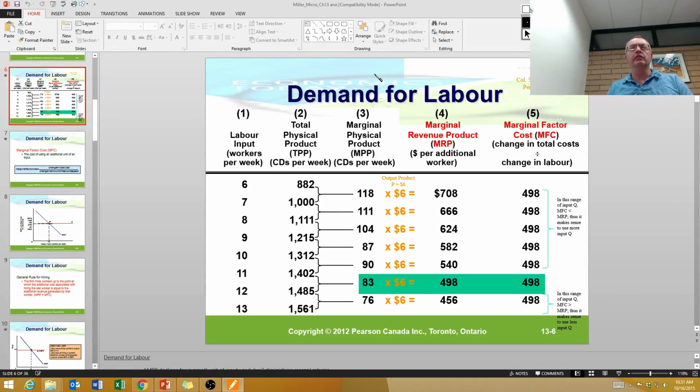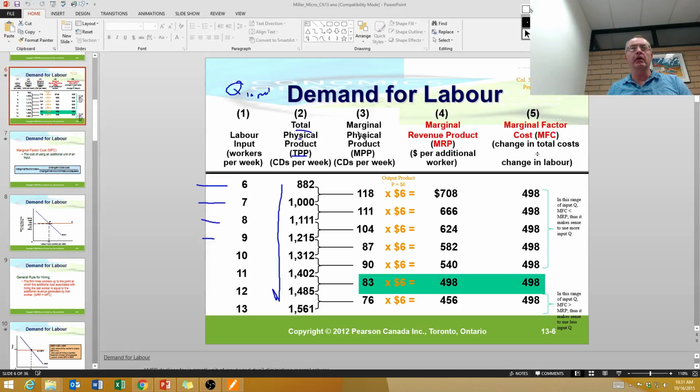So in our little data table here, on the left-hand column, we have quantity of input. So here we're starting, we have 6 workers per week, 7 workers per week, 8 workers per week, 9 workers per week, and so on. As we hire our additional workers, their total physical output, the total quantity of output they produce, increases.